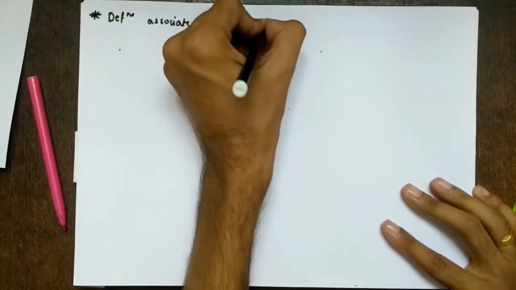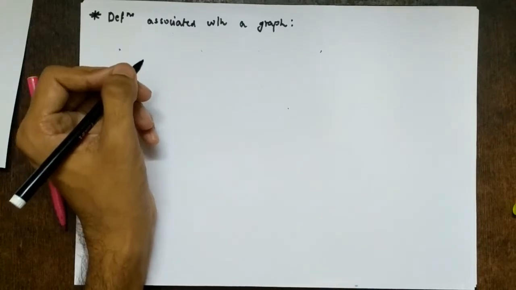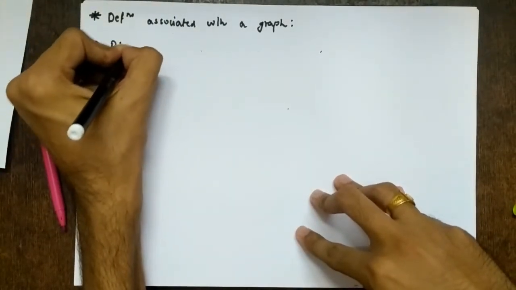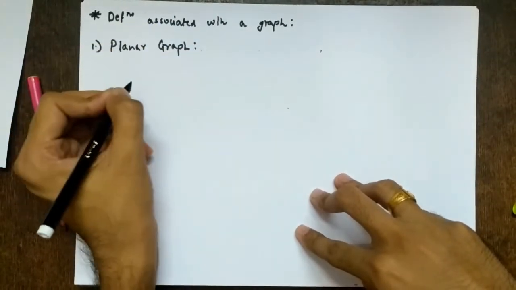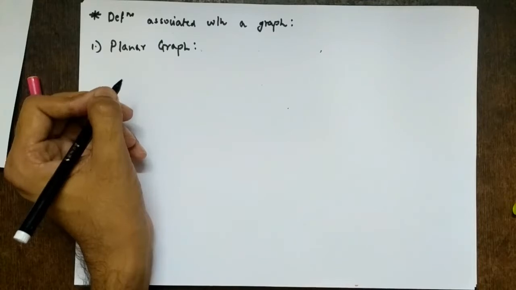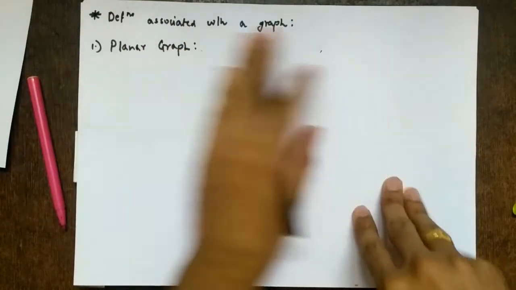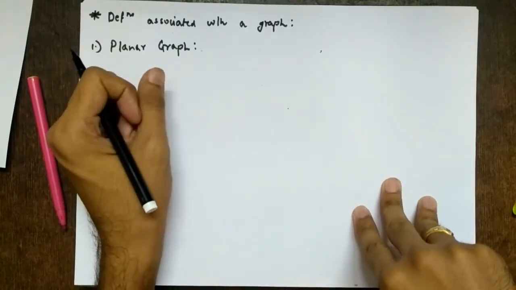The first one is the planar graph. What is a planar graph? A graph drawn on a two-dimensional plane, that is our paper only, will be planar if two branches do not intersect.